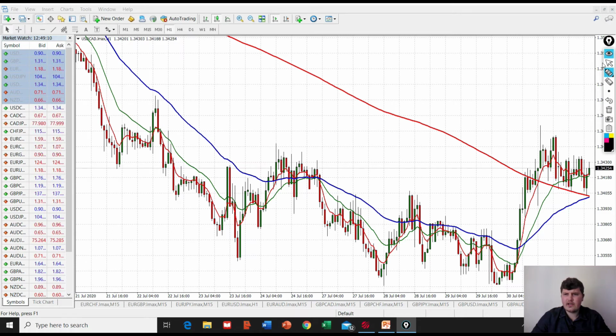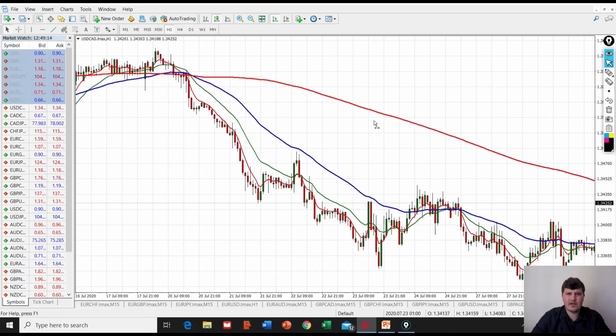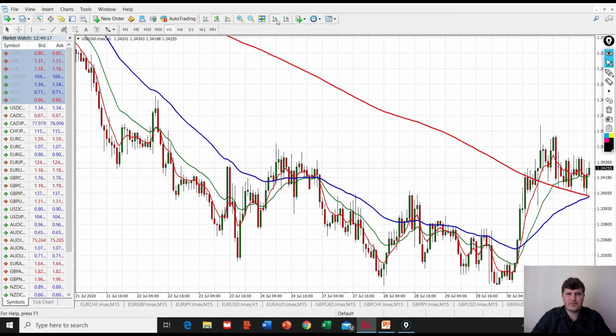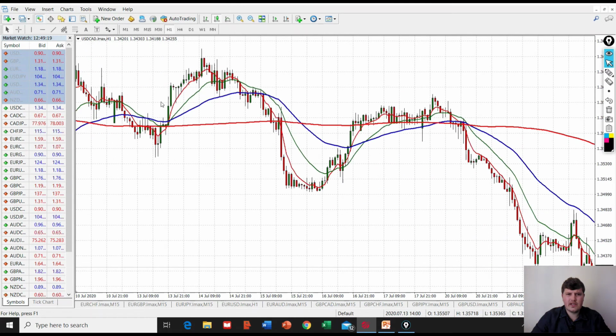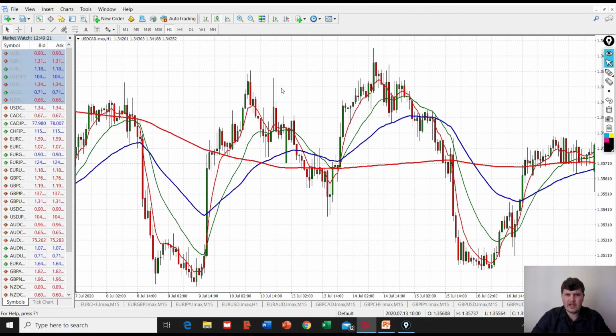Now I'll just show you guys a quick example of a consolidating market, what that looks like. Also on the US dollar Canadian pair, and as you can see, this is what a consolidating market looks like.